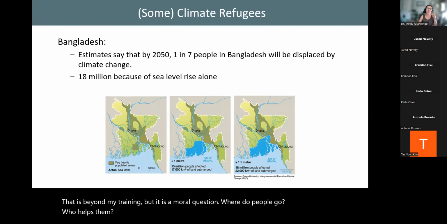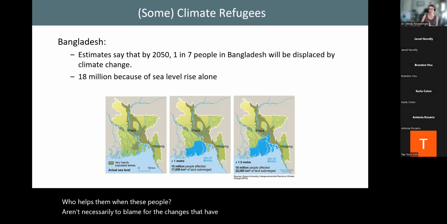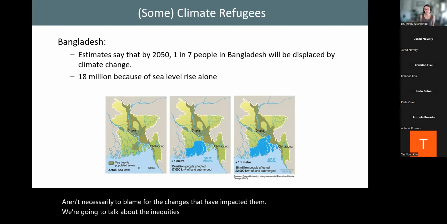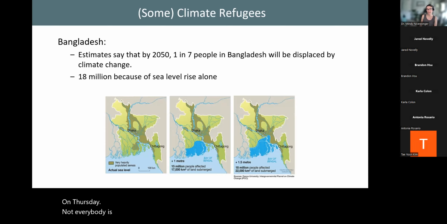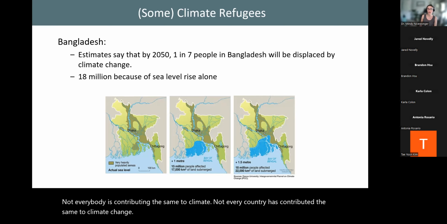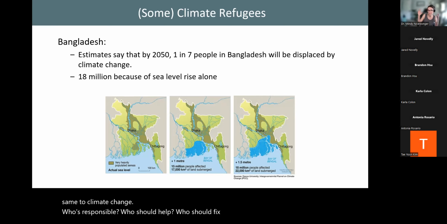Who helps them when these people aren't necessarily to blame for the changes that have impacted them? We're going to talk about the inequities of climate change on Thursday. Not everybody is contributing the same to climate. Not every country has contributed the same to climate change. Who's responsible? Who should help? Who should fix it? Okay.